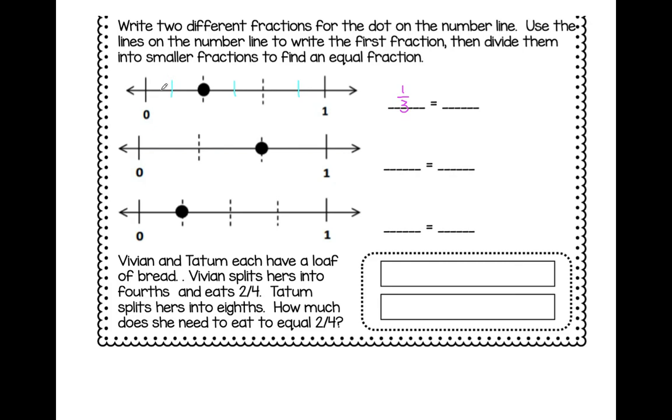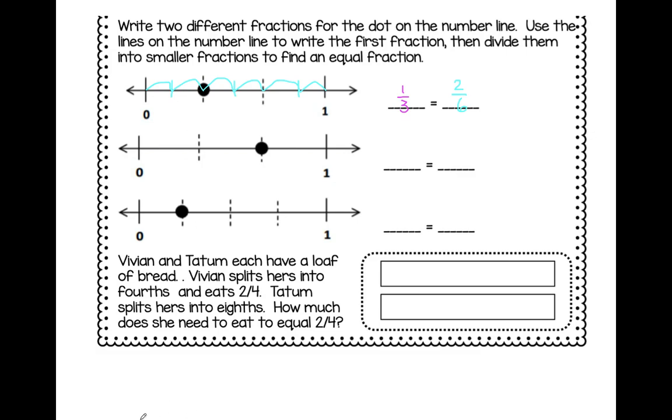How many equal parts do I have? I have now 1, 2, 3, 4, 5, 6. So now I can see that 1/3 is equal to 2 sixths, because I broke the thirds in half.